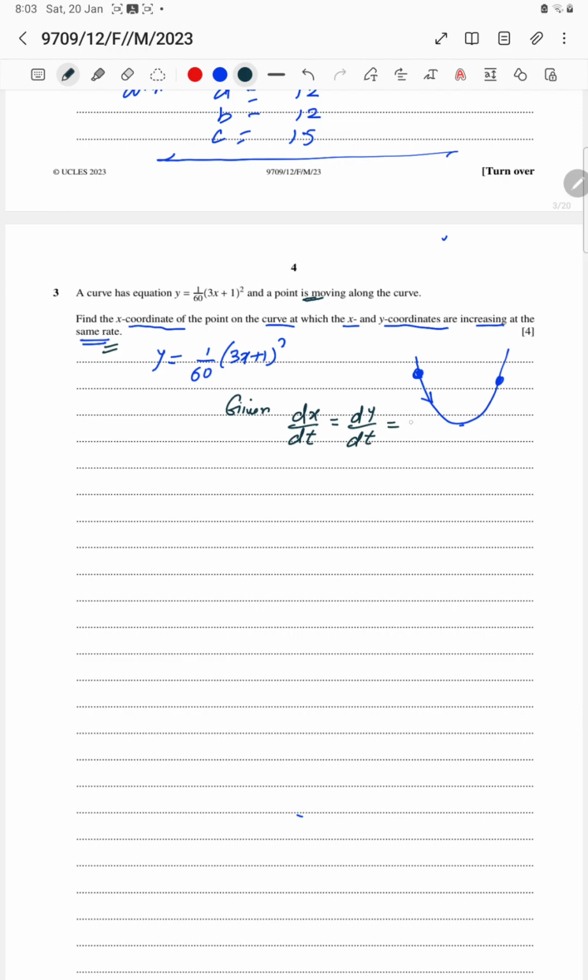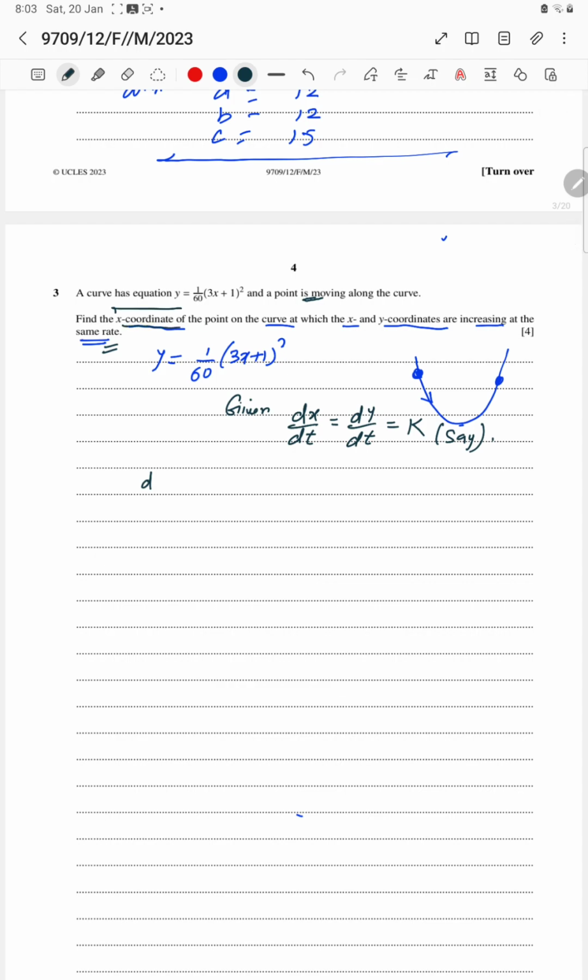Suppose this is equal to k; we can say both are equal to k. So at the next stage, we have to differentiate this, and finally we need to find the x coordinate of the point.